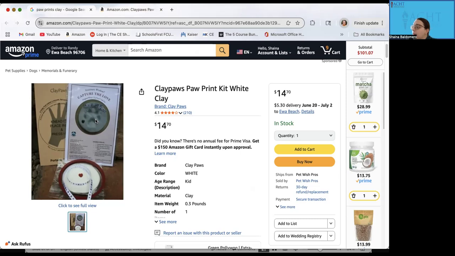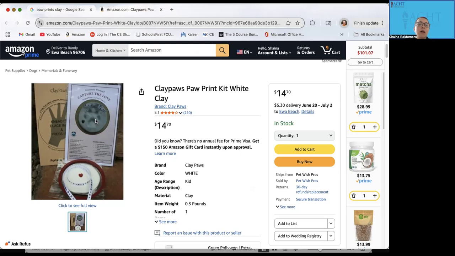this is a hard thing to talk about. I would put all my effort into that paw print because I knew what it felt like to get one back. I knew what it felt like to have that closure, to have that piece of my pet that I had lost. And so I encourage you to find outlets like that.